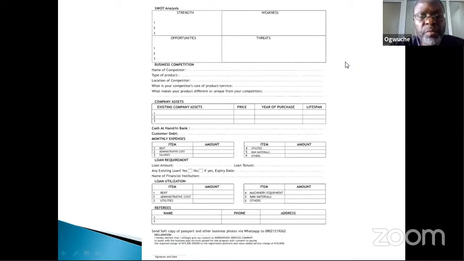Monthly expenses, and the items itemized there are rent, administrative costs, salaries, utilities, raw materials, and the like. When it says monthly expenses, if you're looking at rent, in Nigeria we know that no landlord collects rent on a month-to-month basis.